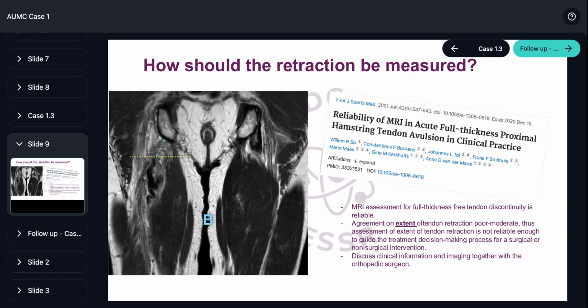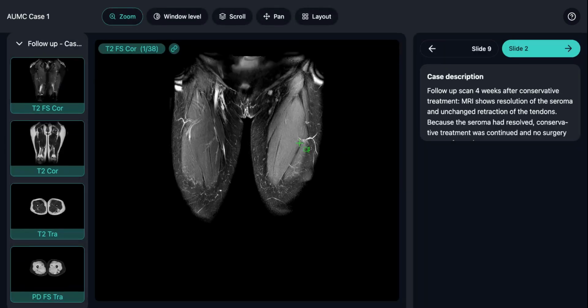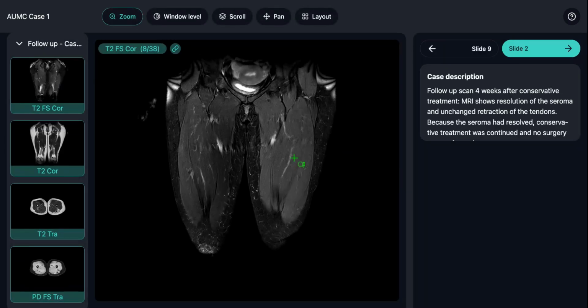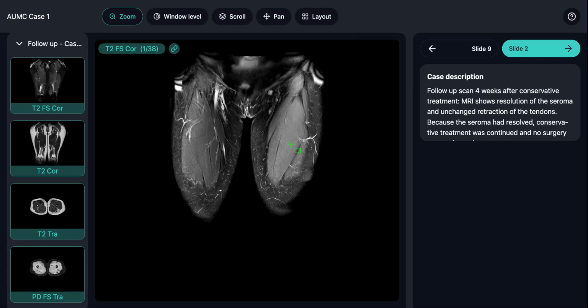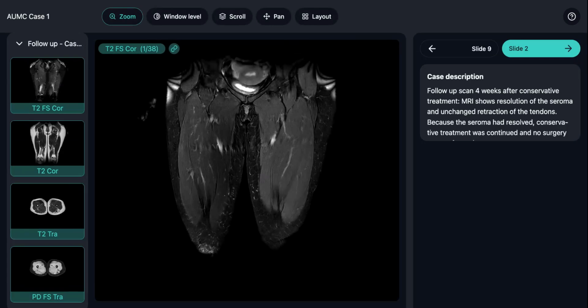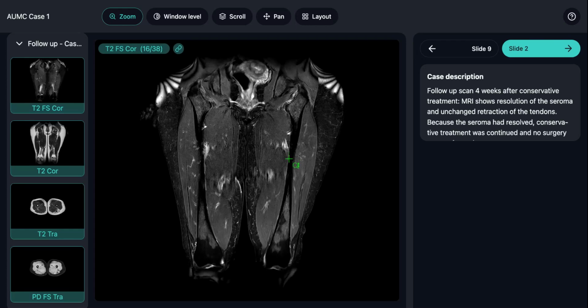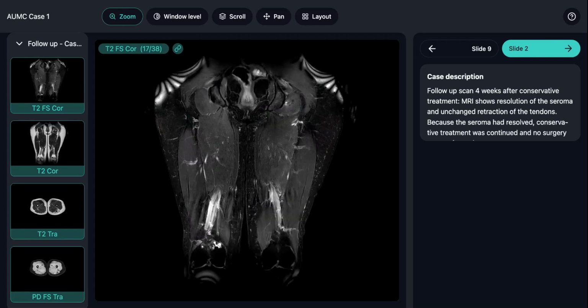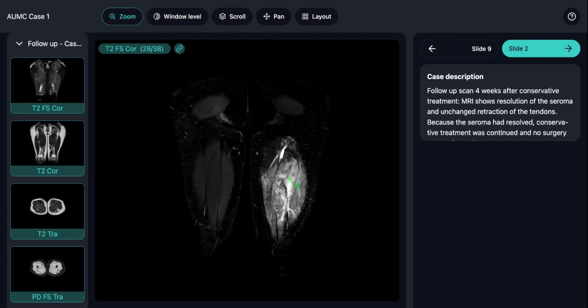And they found that shared decision-making with the patient on whether to choose surgical or conservative treatment showed the same clinical outcomes 1 year after treatment. So in our case, we have a follow-up MRI 4 weeks after the initial MRI. And the plan was to see if the seroma had resolved largely, then the conservative treatment could be continued.